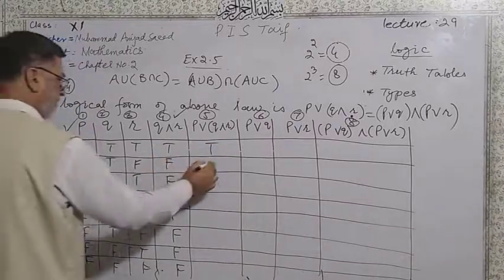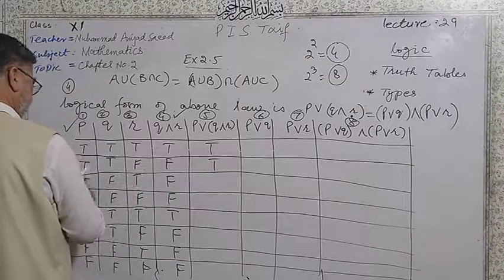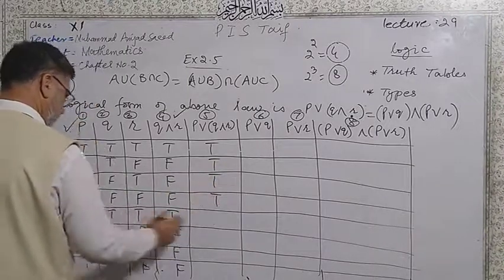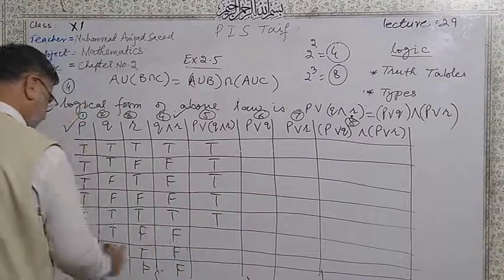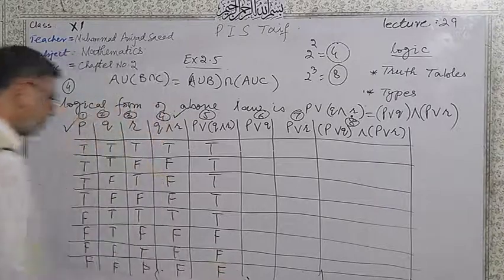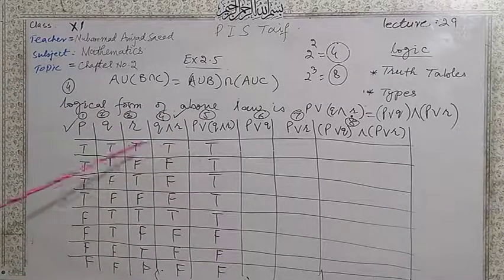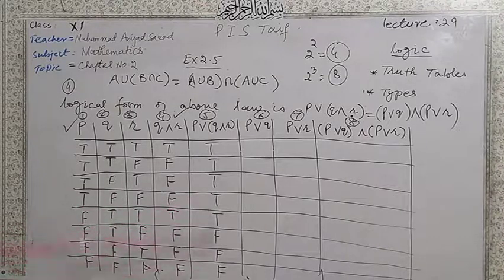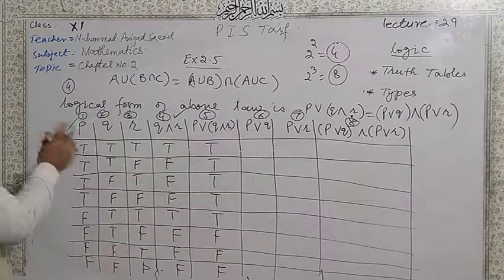T, T, T, T, then F, F, and F. P ∪ Q means union: TF is T, TF is T, TF is T, TF is T, and the last three options are false. What is P ∪ Q?